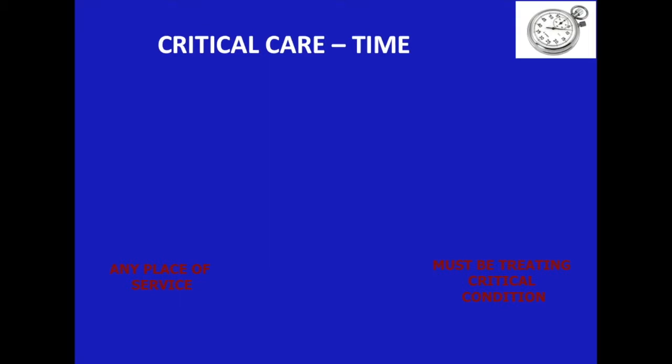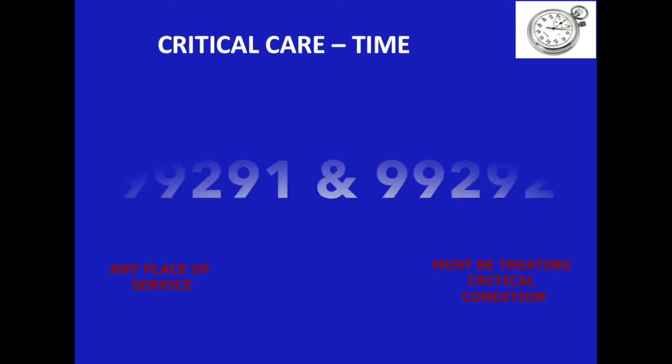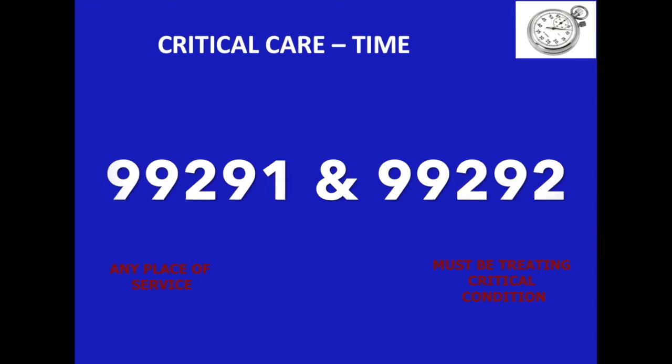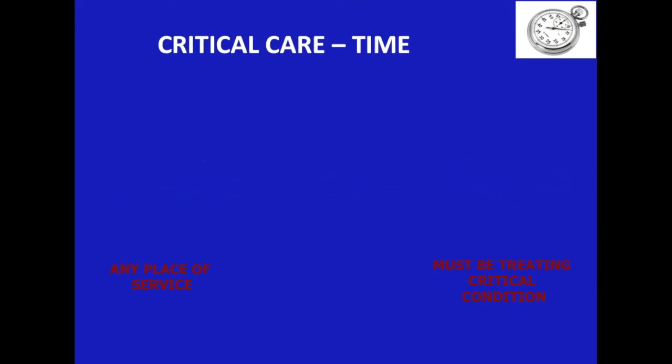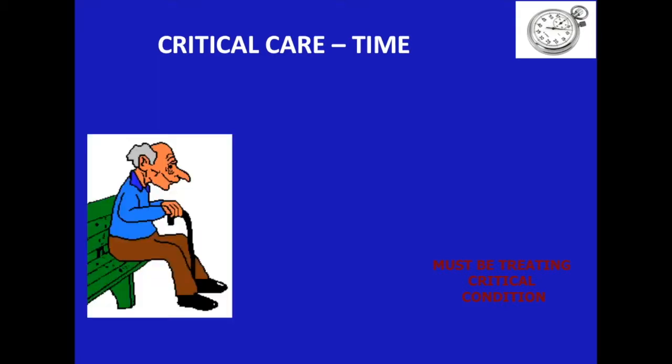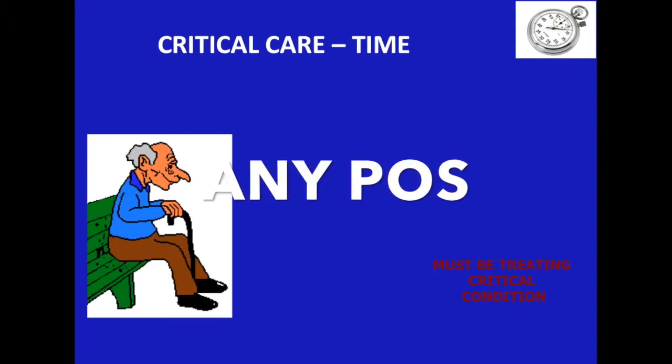On critical care, you have two critical care codes. Both of these codes, 99291 and 99292, must have time documented. That's vital. Now, if a patient is critical, this does not mean that every time the doctor goes to the ER or the ICU and sees a patient, they get to bill critical care. They must be treating the critical condition. This can be done in any place of service.